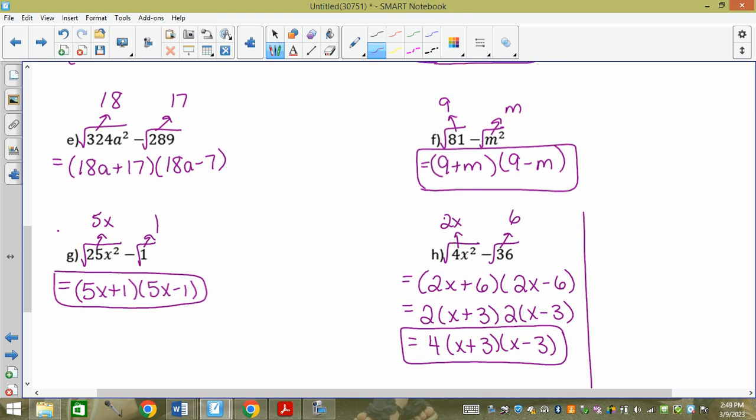So 4x squared take out 4 is x squared, minus 36 take out 4 is 9. Well, now I have 4 times x plus 3, x minus 3. It's the same answer. It's just easier to spot. It's easier to do if you take your GCF out first. So look for GCFs first. Okay?